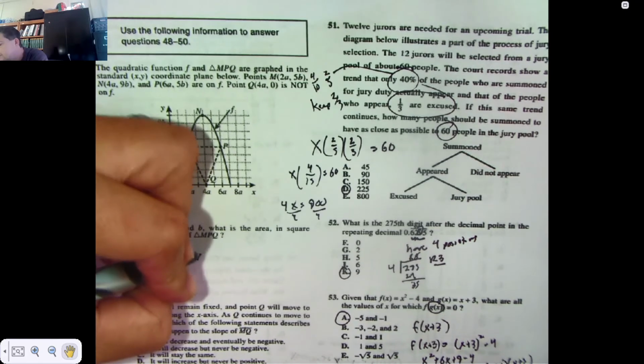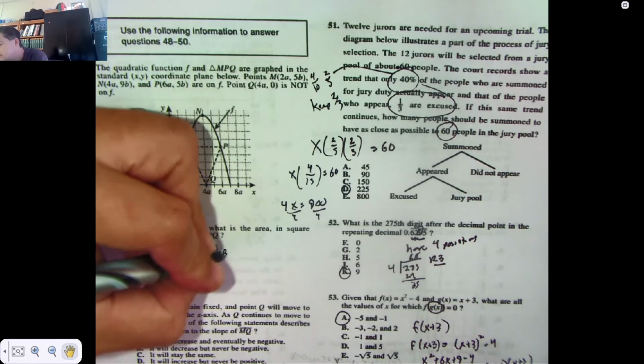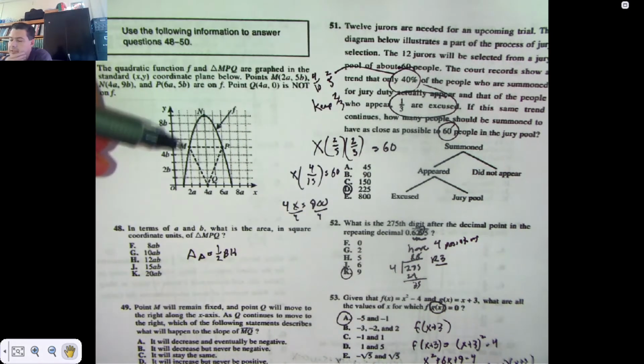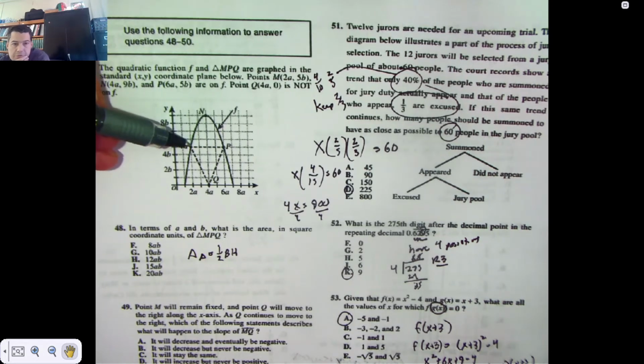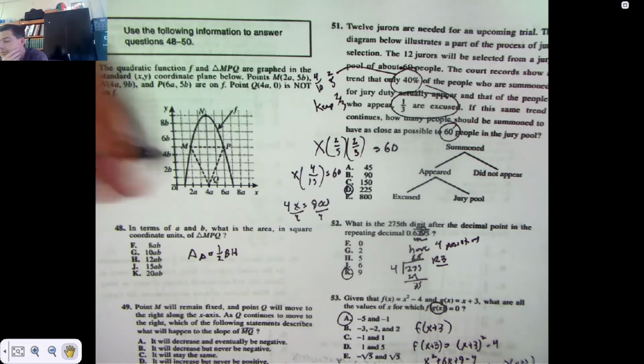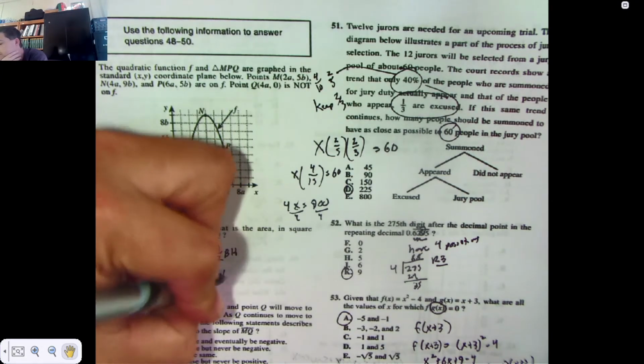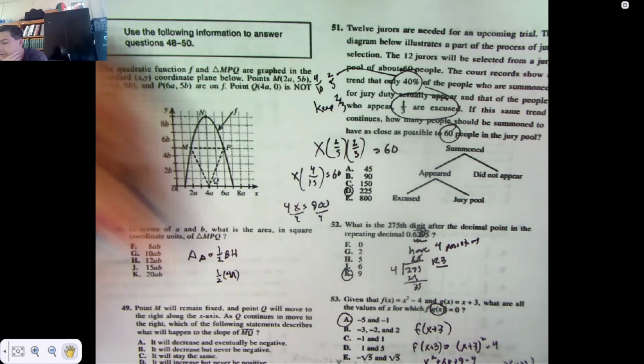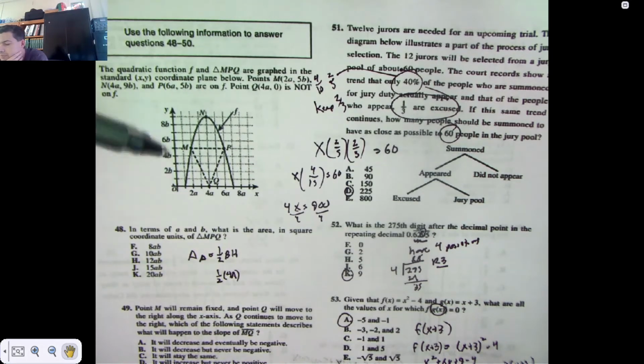You know full well that the area of a triangle is 1/2 base times height. All right? This base right here travels from 2a to 6a. So the base would be 4a because 6a minus 2a is 4a. So half of 4a. The height, we travel from 0 to 5b.